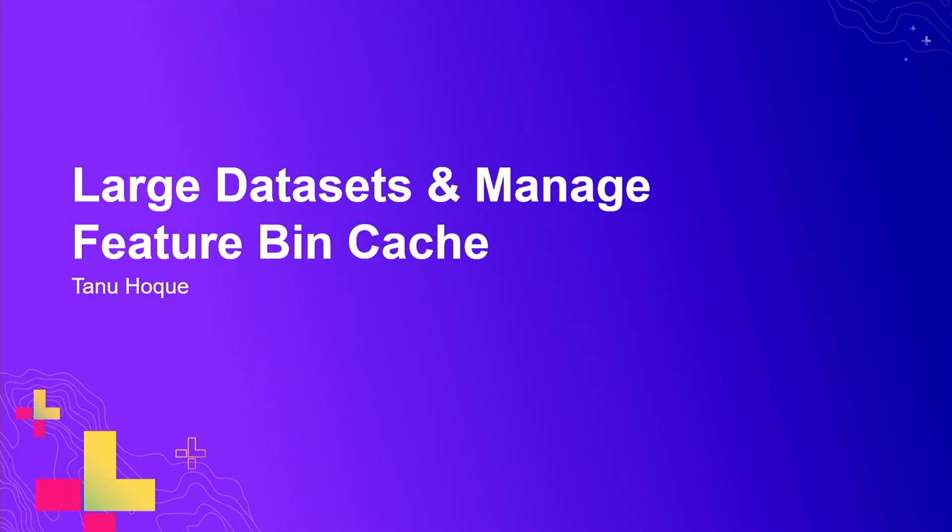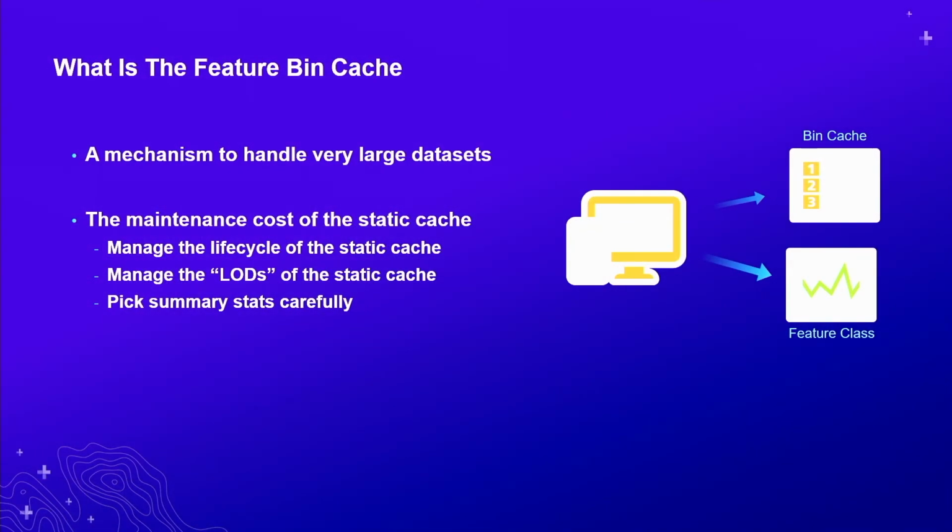So let's talk a little bit about the feature binning cache. As I said, when your data is really large and generating the cache dynamically takes a really long time on your map, it's better to take that cost upfront and have those bins cached at the database level.